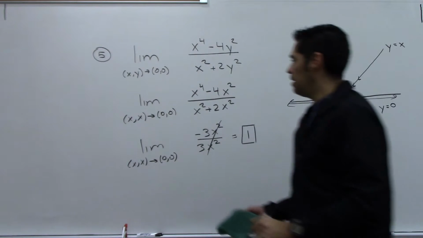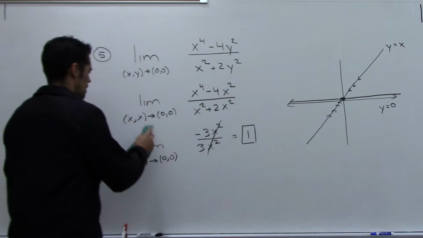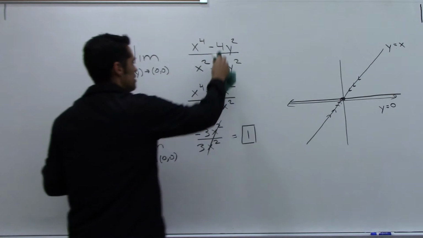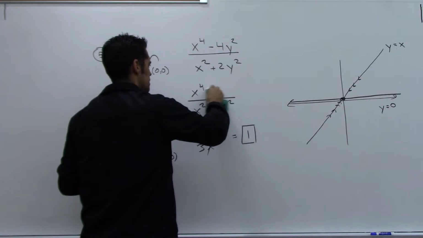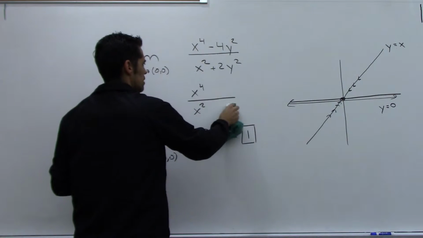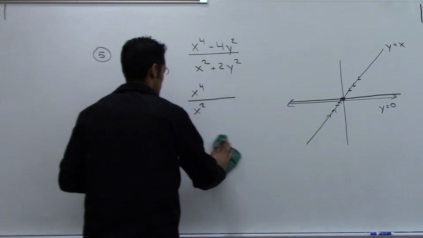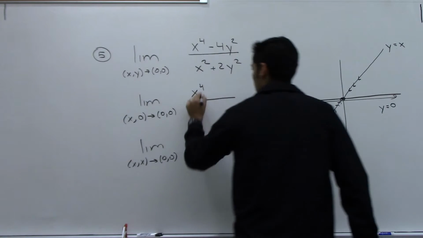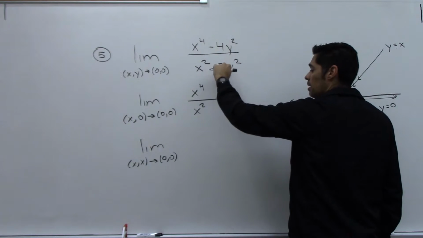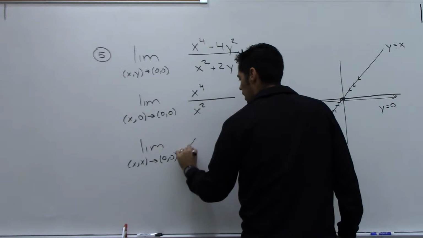If I redo this limit but approach along y equals 0, I replace my y's with 0. On the bottom it'll be x^2, and we just get x^4 over x^2, which is x squared.